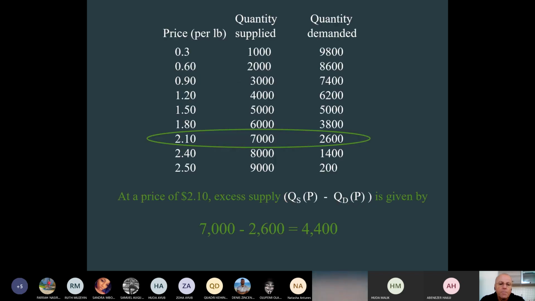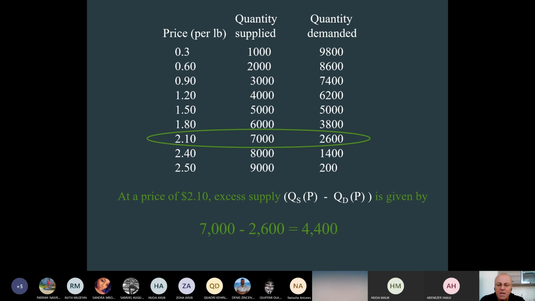Let's look again at this given excess supply in the market, located at price 2.10, where the supplied quantity, or produced quantity, is 7,000 and demand is 2,600.